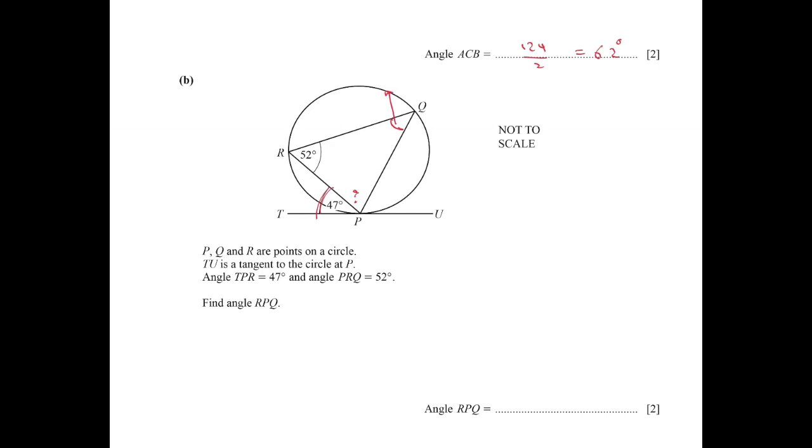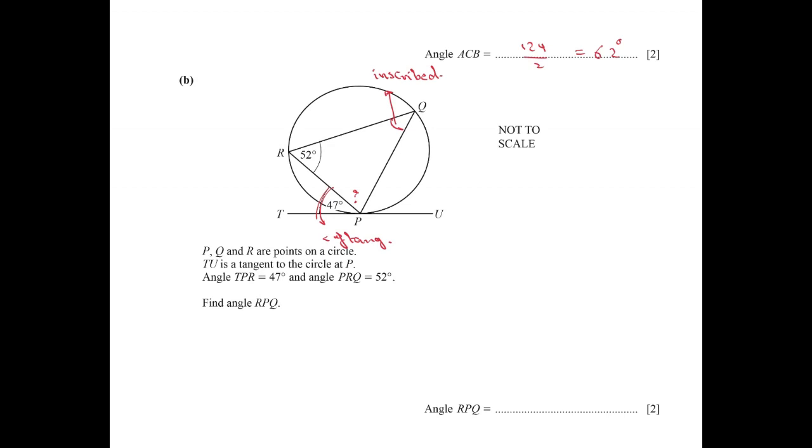Angle Q is an inscribed angle. Angle P is the angle of tangency. The inscribed angle is equal to the angle of tangency if they are subtended by the same arc, RP.